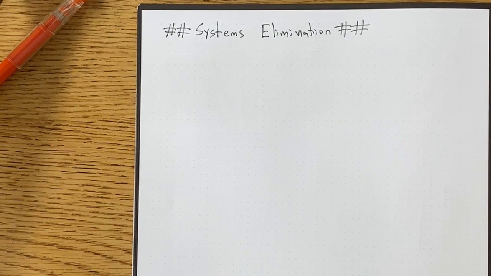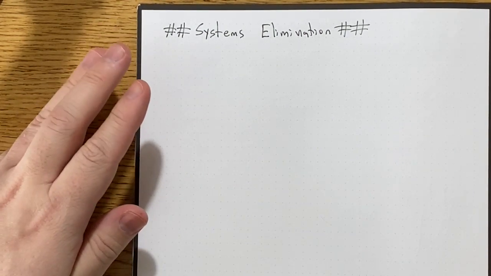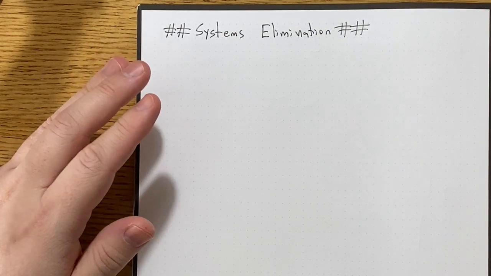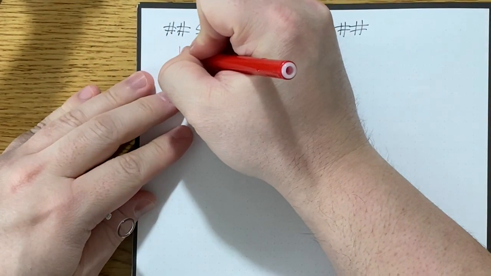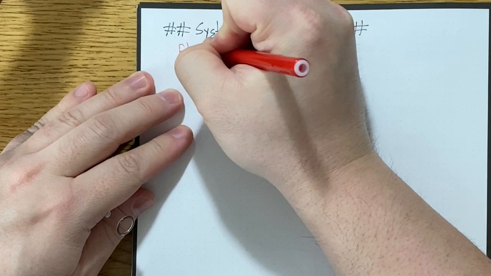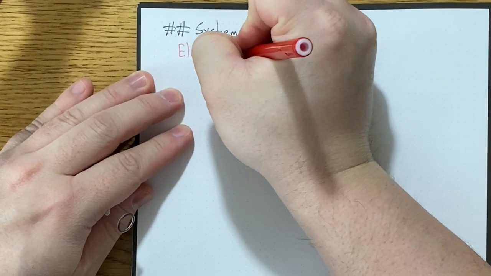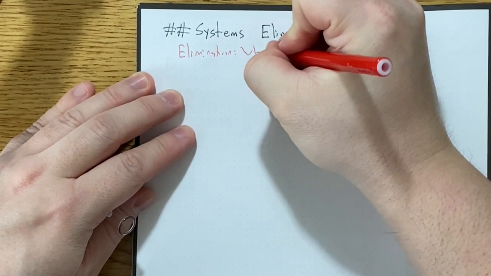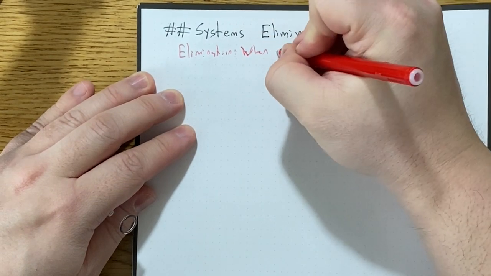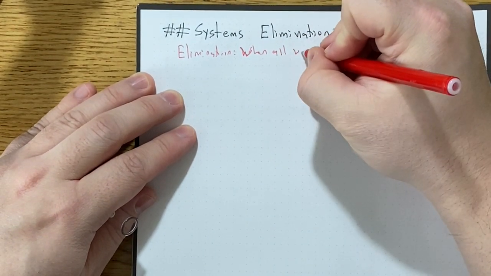No, don't worry. This one's called Systems of Elimination, and it's a slightly different way of doing a system of equations. Now, you're going to use elimination when all the variables are on the same side.